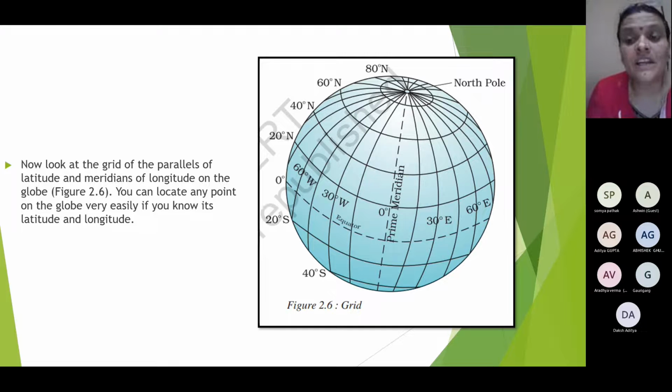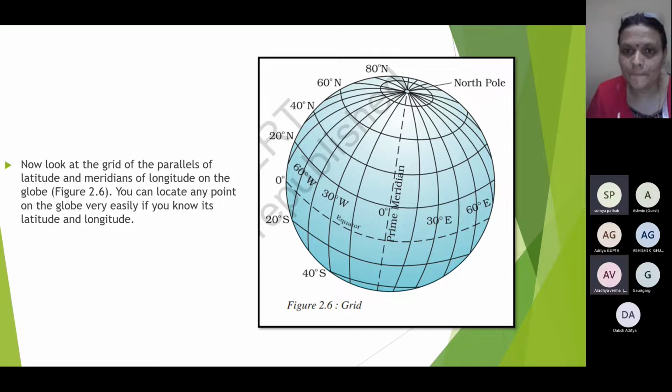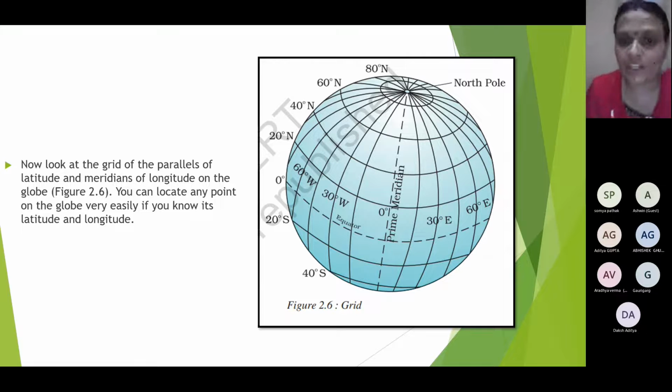East and west means it is dividing into longitude. We are talking about meridians of longitude. Now, if I say 45-degree north, what are we talking about? Latitudes. Very good. So, have you understood about latitudes and longitudes as of now? Yes, ma'am. Everybody? Okay.